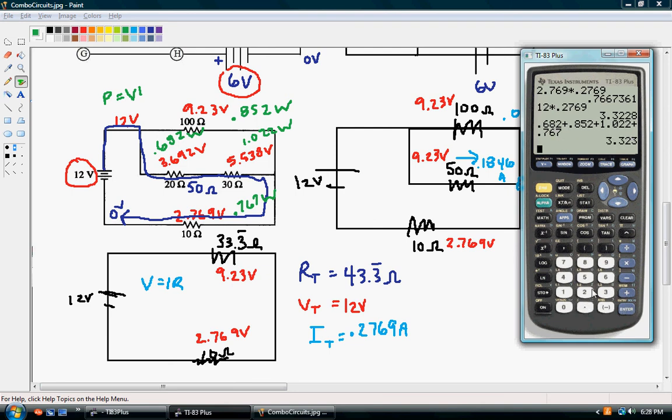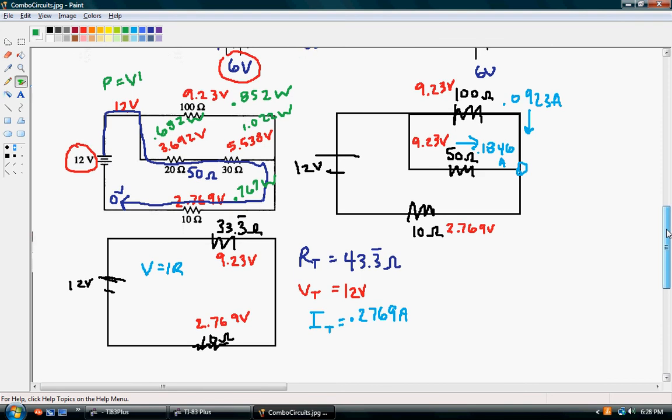Or roughly the same total. And we get 3.23, which is really, really close. Alright, so we have a pretty good feeling that we did this correctly.